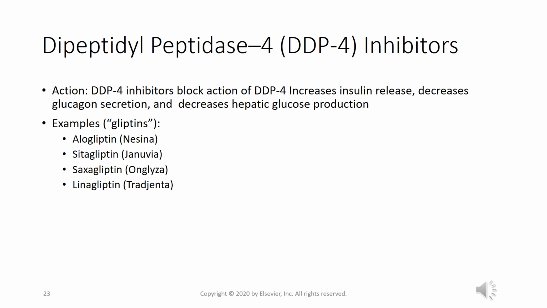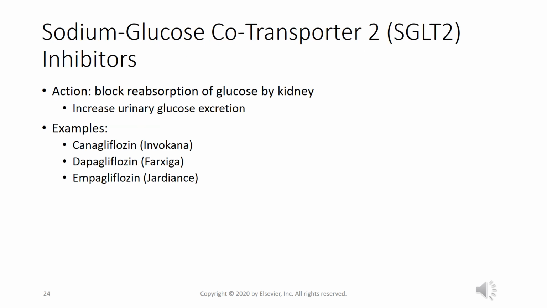And then the next one is actually a newer class, the SGLT2 inhibitors, and you've probably been seeing commercials on TV for Invokana, but these actually increase the excretion of glucose in the kidney. So again, a newer class oral agent that you might see.